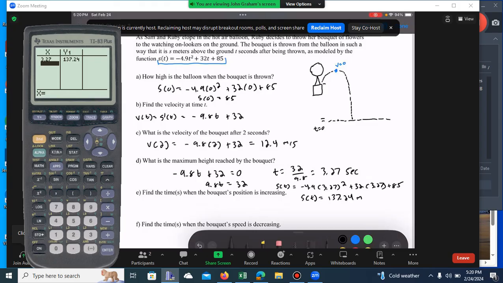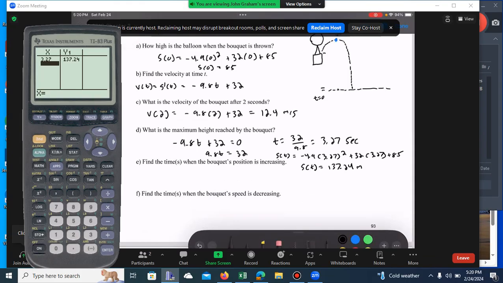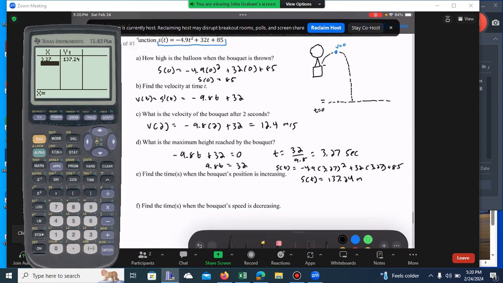All right. So now we want to know, when is the bouquet's position increasing? Increasing would mean that the velocity is positive. So let's look at the velocity equation again. We always solve this for s equals 0.